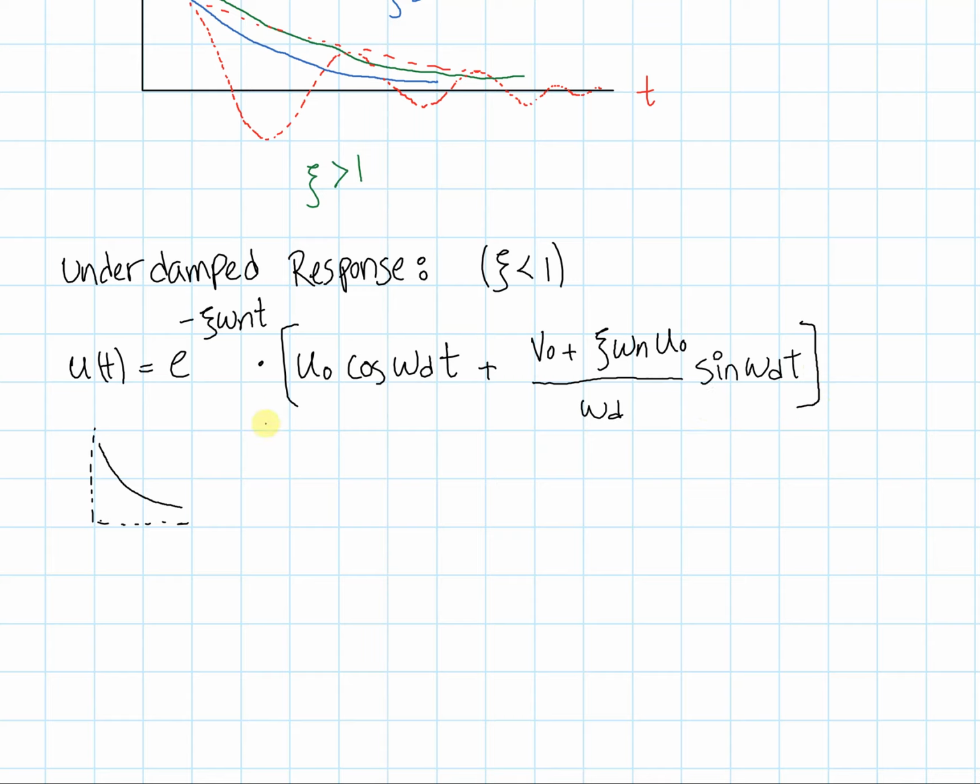The second term, as we mentioned, is the oscillation term. So we can have a response that goes down, up and down, up and down. But at the same time, it has to follow this downwards trajectory to a zero position.